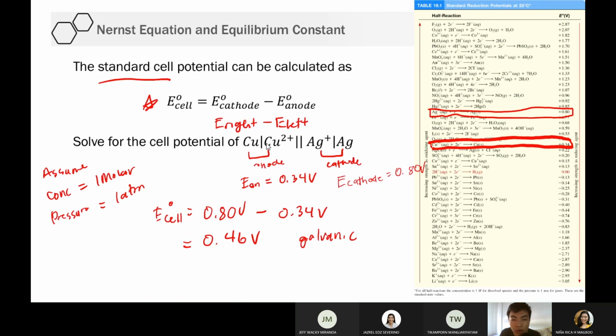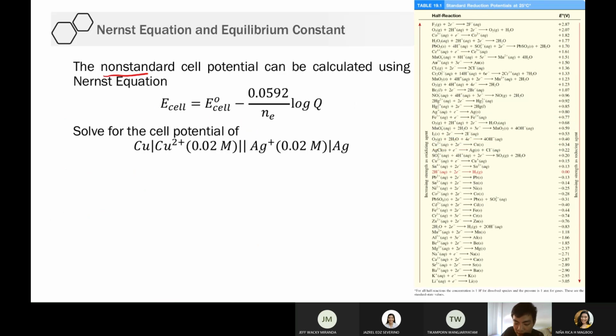This solution is 1 molar in concentration, and this solution is 1 molar also. However, if those concentrations or pressures are not equal to 1 molar or 1 atm, then we have non-standard systems. So again, non-standard systems are reactions which do not have concentrations equal to 1 molar or 1 atm.